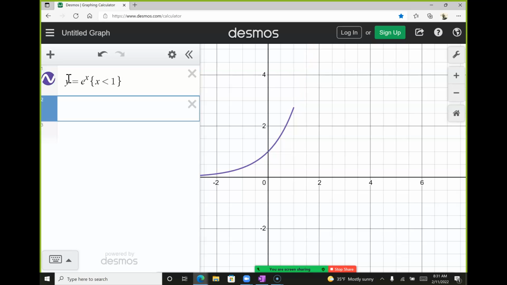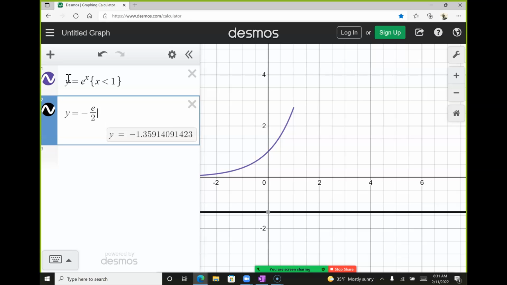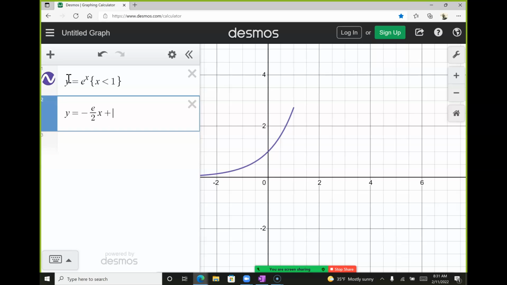It's similar on the 83. You do something else in curly brackets. I forget what, but our middle function was y equals negative e over 2 times x plus 3e over 2.